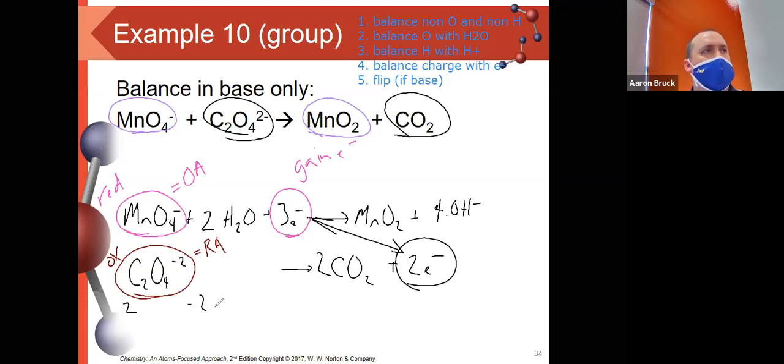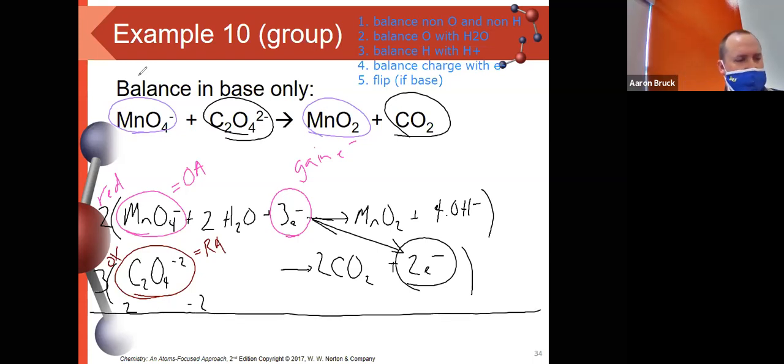Lowest common multiple between 2 and 3 is 6. So I'm going to end up doubling this top reaction and tripling this bottom reaction to get it to work. Now that I do that, now I can combine them.